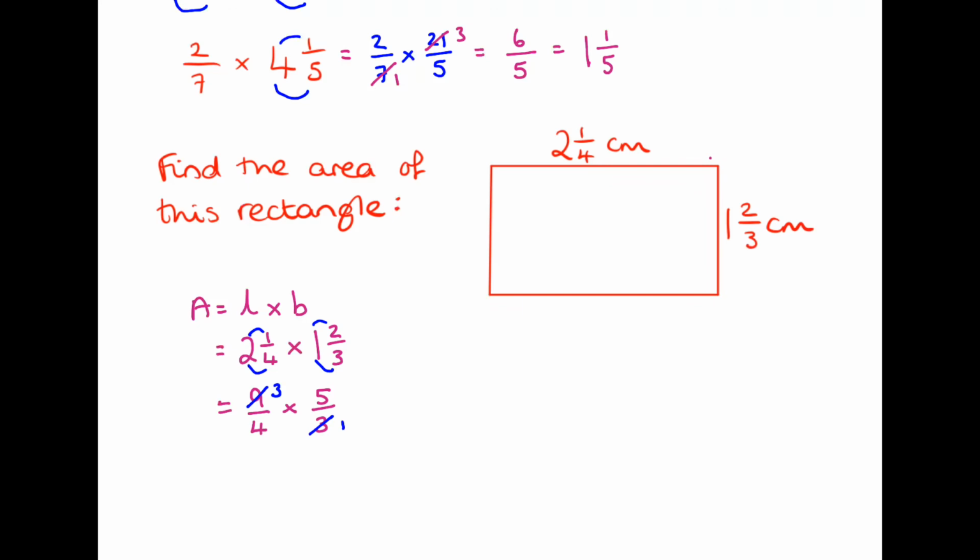So when we work out our answer, we've got 3 times 5 is 15 on the top, and 4 times 1 is 4 on the bottom. And then if we do 15 divided by 4, that gives us 3 whole ones, 3 left over. So the answer is 3 3/4 square centimetres, because it's an area.